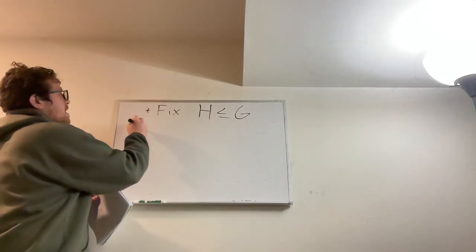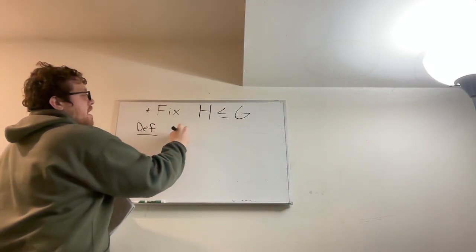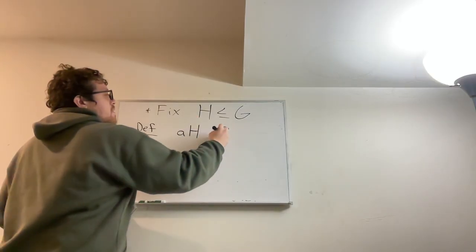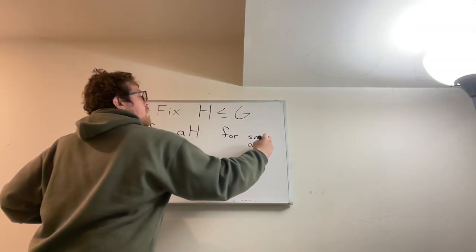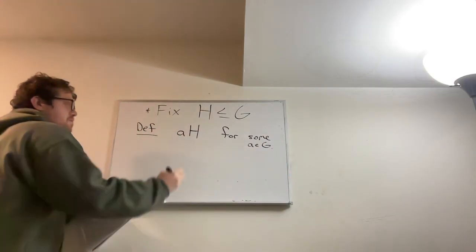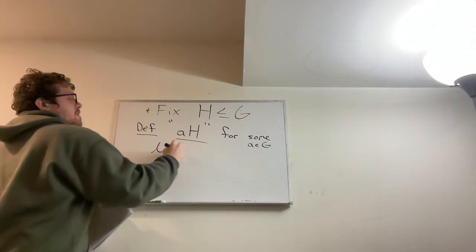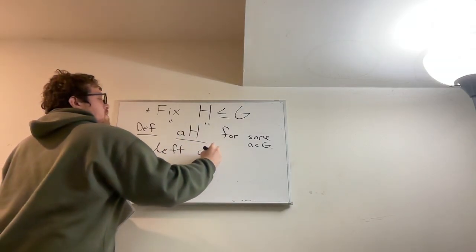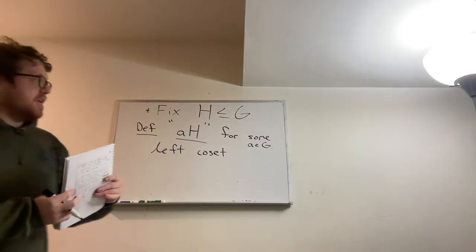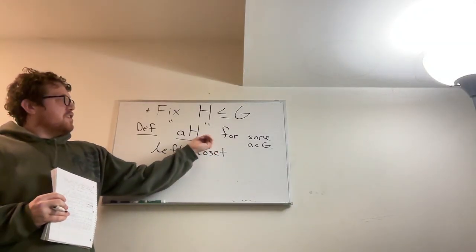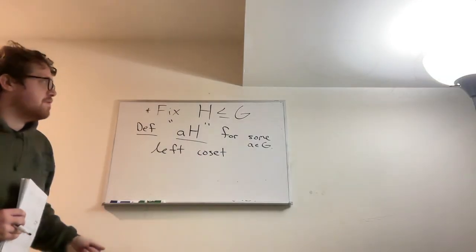So we'll define that. Usually it's written like aH for some a. This is called a left coset. The definition is we're going to take every element in the subgroup H, and we're just going to multiply it on the left by a, and this gives you some collection of elements.